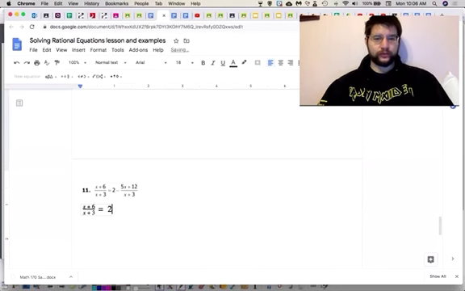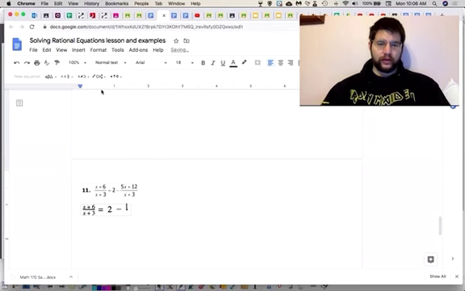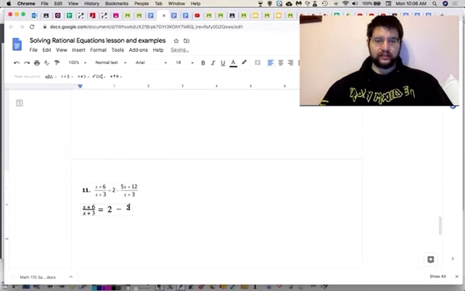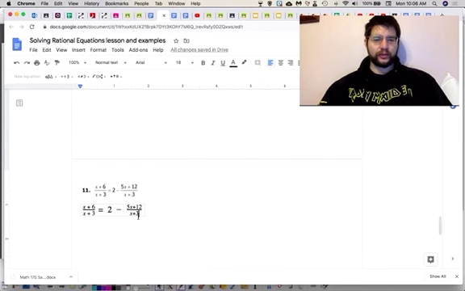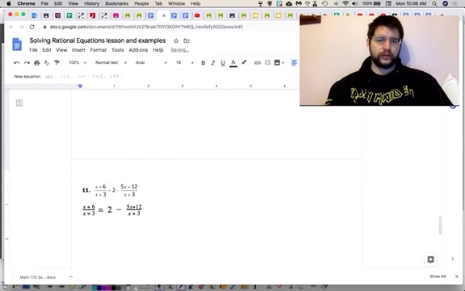Equals 2 minus, can't factor that. That's a 5 and a 12. No common factors there. And an x plus 3. Aren't they lovely? All of our denominators are x plus 3 and x plus 3. So that's our LCD. We're not there yet.